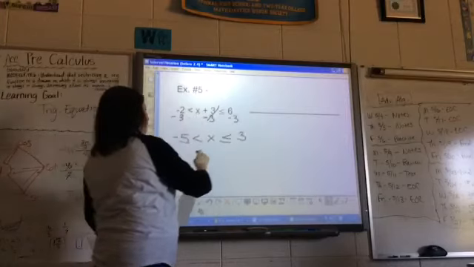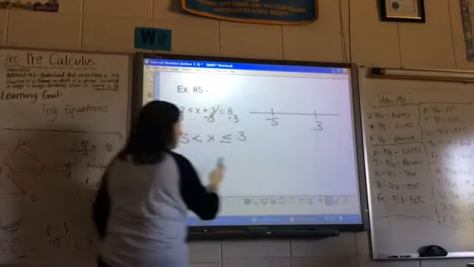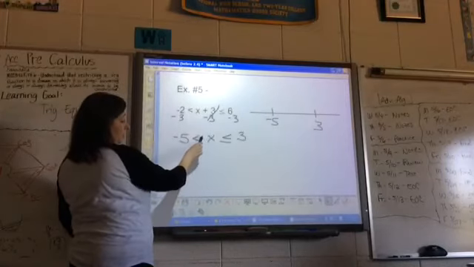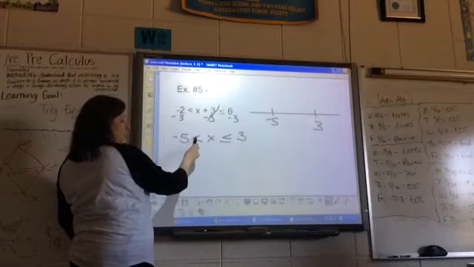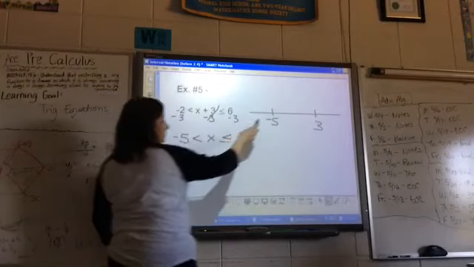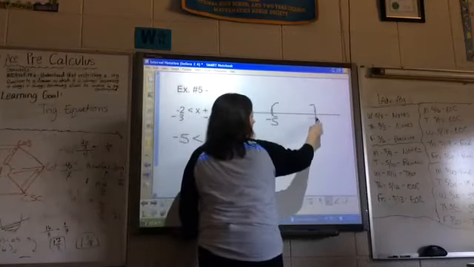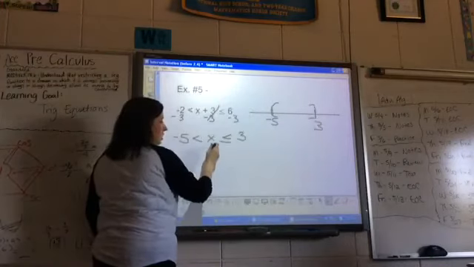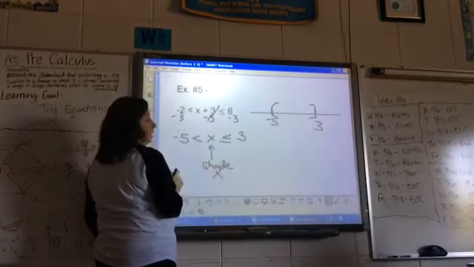So I'm going to graph. So I've got a -5 and a 3. This one doesn't have an equals, this one does. So that means I have a parenthesis on the -5, a bracket on the 3, and remember, you're always shading the x in all of these.